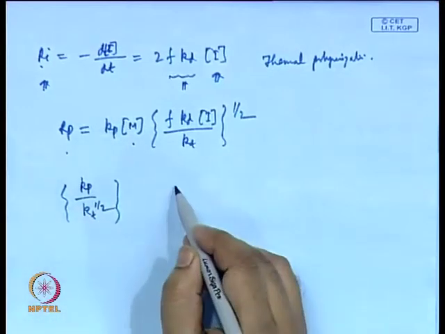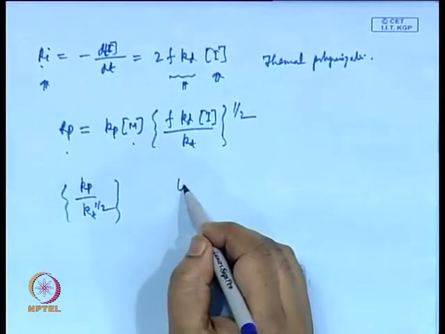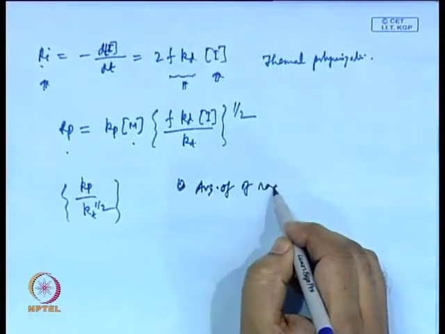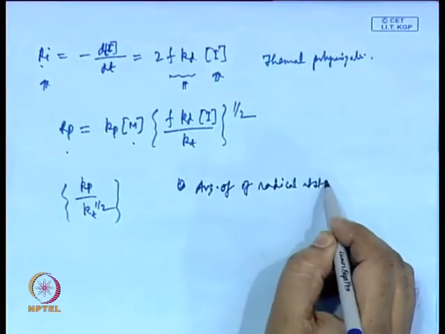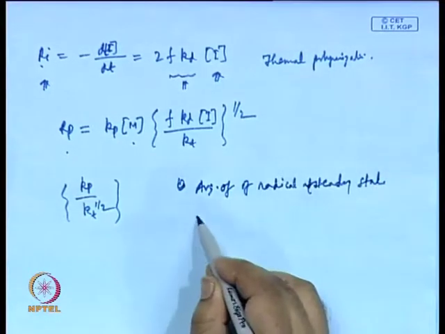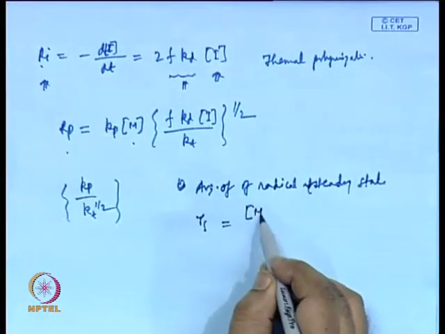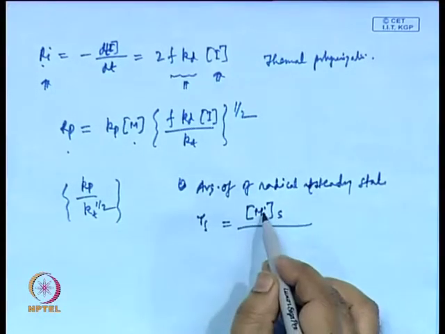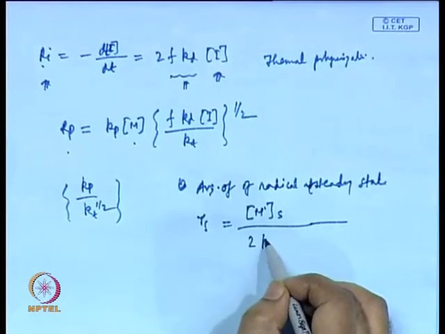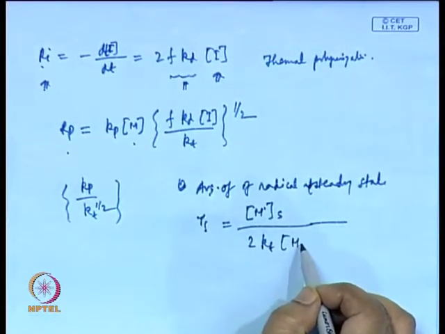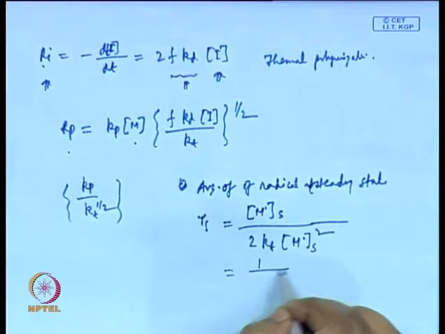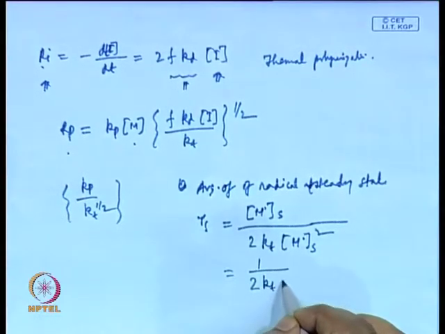To get this, we define the average lifetime of a radical at steady state. At steady state, tau s is the concentration of total radical species at steady state divided by the rate of termination, or by 2 Kt times the radical concentration squared.